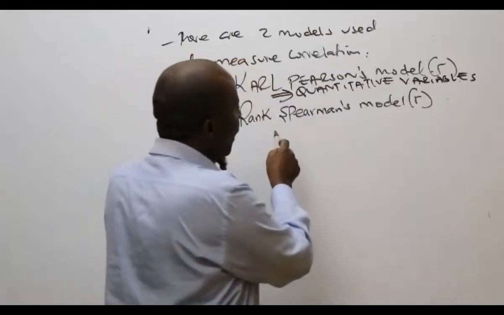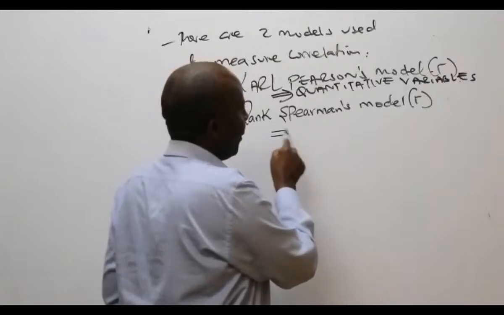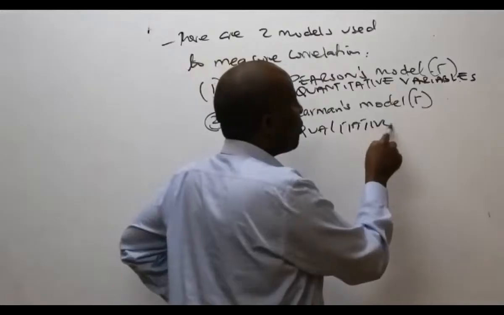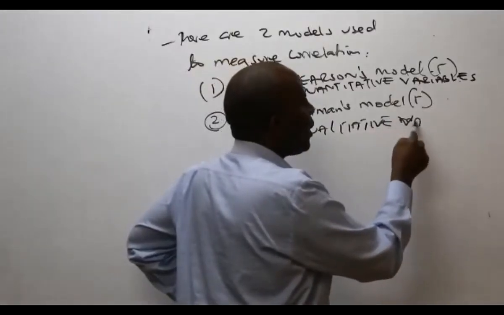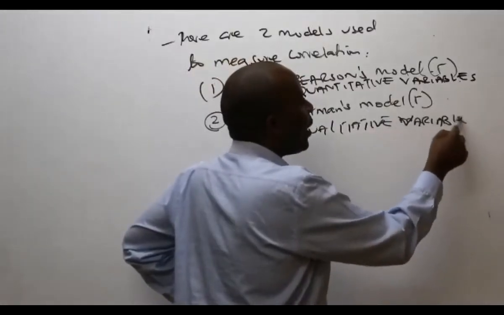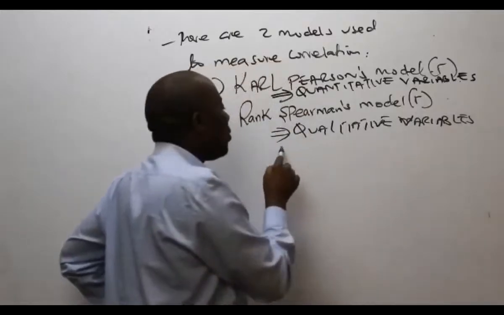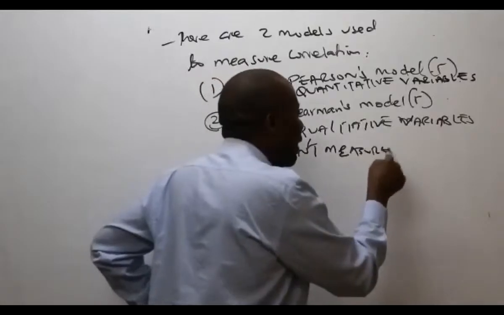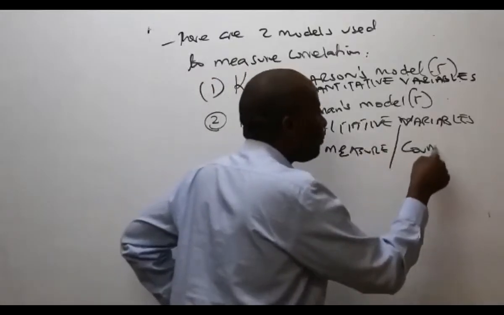We normally use the rank Spearman's model, ladies and gentlemen, to capture what we call qualitative variables. Qualitative variables are those variables you cannot measure, you cannot count.